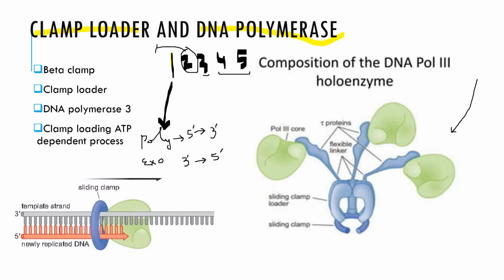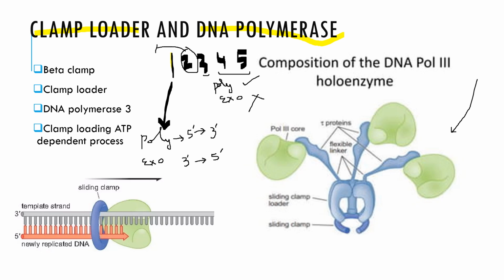But there is one important thing: they have the polymerization activity but they do not have exonuclease activity. If there is only polymerization activity and there is a mismatched base in the DNA strand, and the polymerization is performed by polymerase 4 and 5, they will not go back and repair the mismatched base pair.